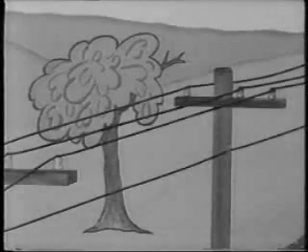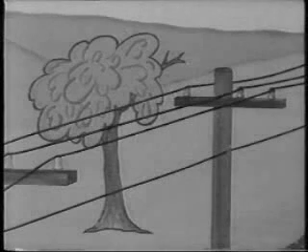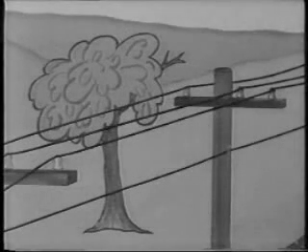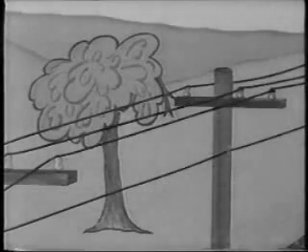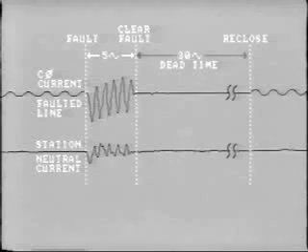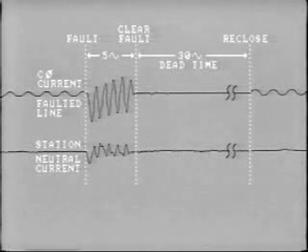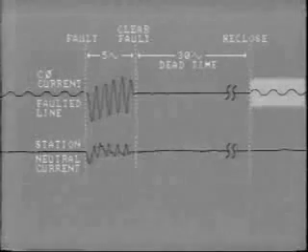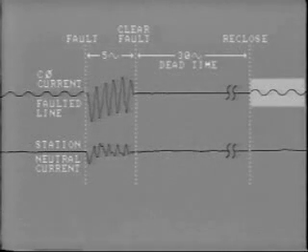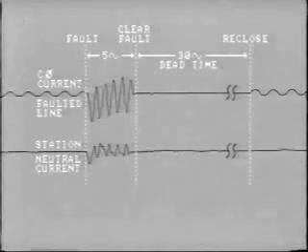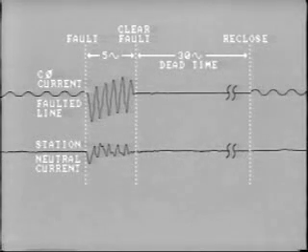It was probably caused by insulator flashover from a lightning surge, or perhaps high winds momentarily pushing a tree branch into the conductor. 30 cycles of dead time with no current flowing is usually sufficient to allow the fault arc to deionize. So when the breaker reclosed, it did not trip out again. You can see from the trace that breaker number 1 has successfully reclosed. So far, the line protection has operated exactly as we would expect.